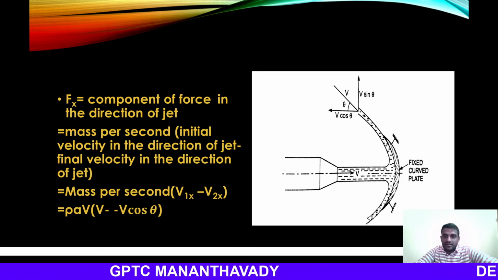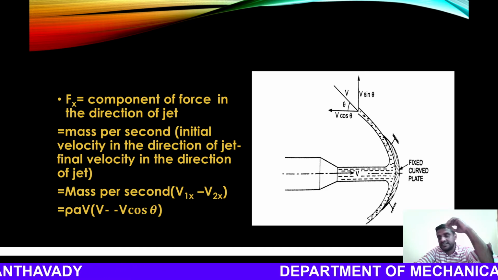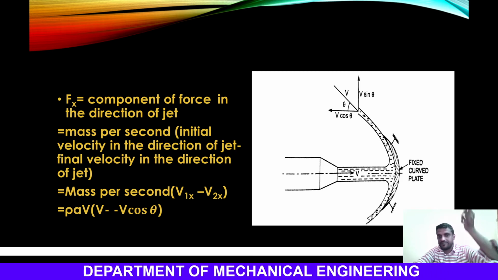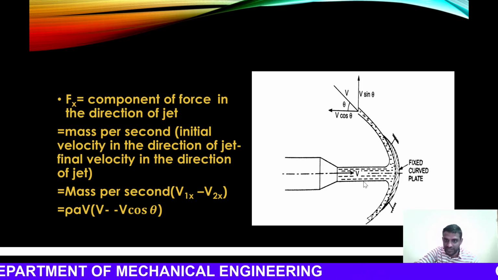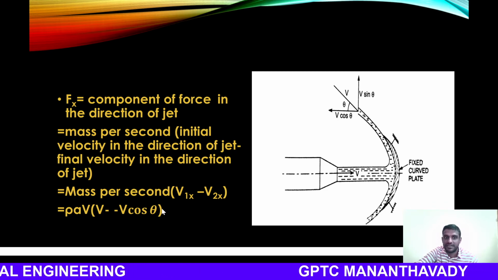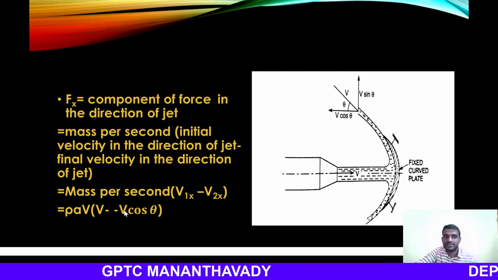First one is the velocity of jet in the direction of jet before striking, and next one is after striking. Before striking it is V, and after striking it is minus V cos theta. Then we have rho A V into (V minus (minus V cos theta)).